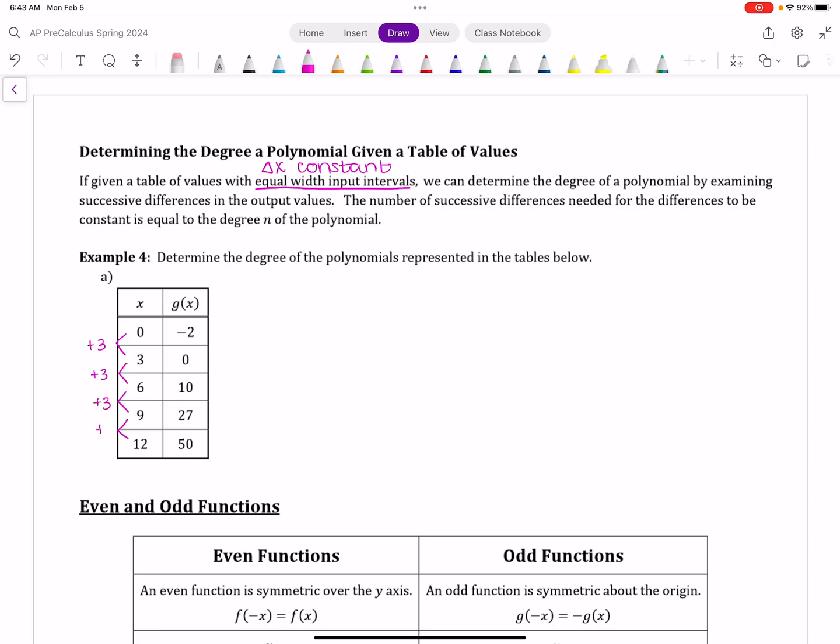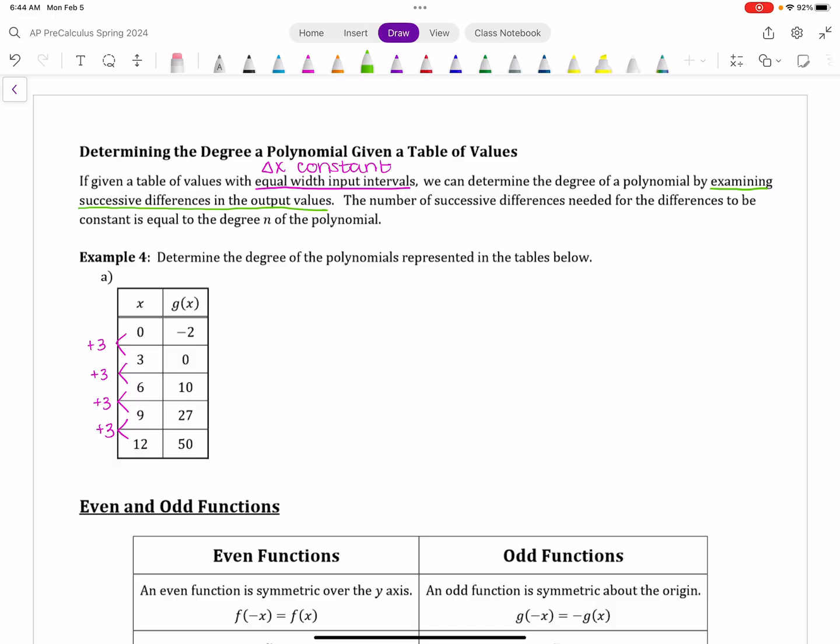So as long as we have those equal width input intervals, we can determine the degree of a polynomial by examining successive differences in the output values, or looking at how y is changing.